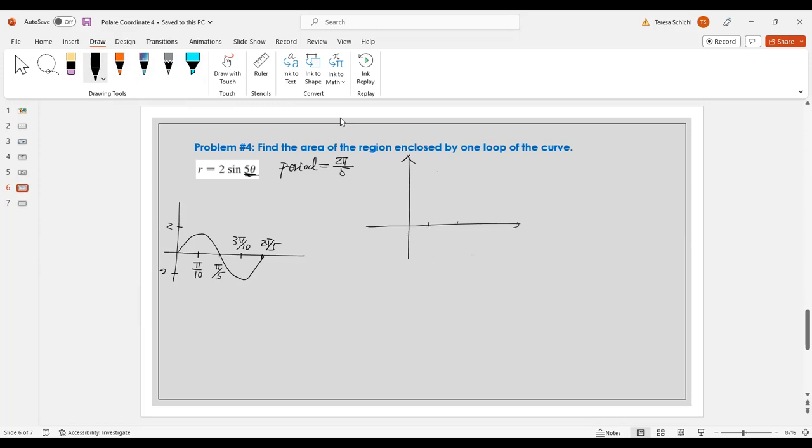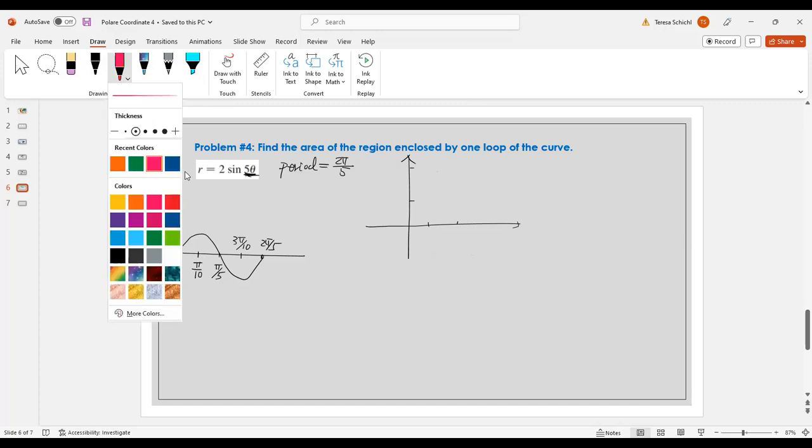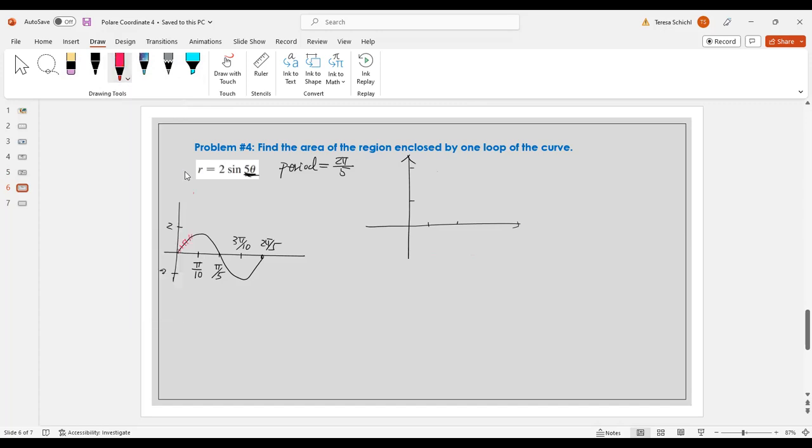So remember, in the previous one, let's take a look at this curve. This is from 0 to pi over 10. The R value is from 0 to 2.